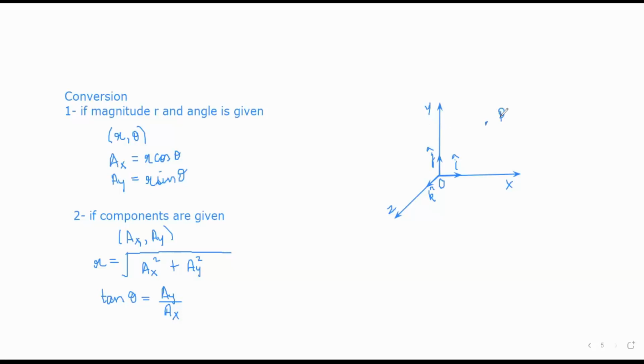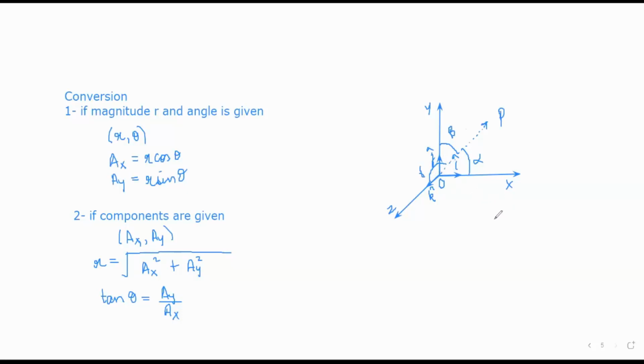Suppose this is the point P. This position vector of point P will make some angle with the x-axis, which shall be called alpha. It will make some angle with the y-axis, which will be called beta. And it will also make some angle with the z-axis, which will be called gamma.